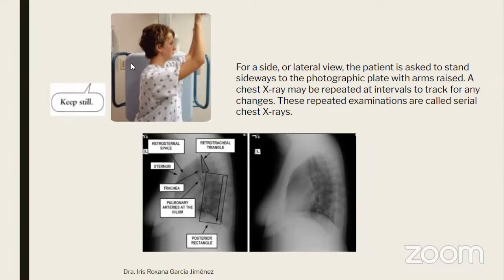Again, this big one is a photographic plate, with arms raised, okay? A chest X-ray may be repeated at intervals to track any changes. These repeated examinations are called serial chest X-rays, for example, serial abdominal X-rays.